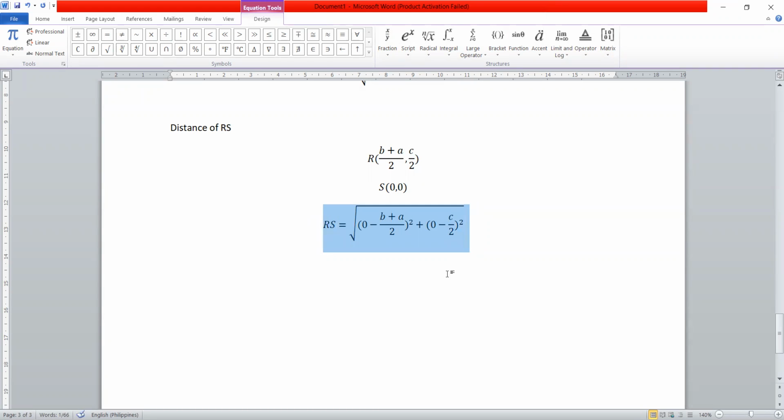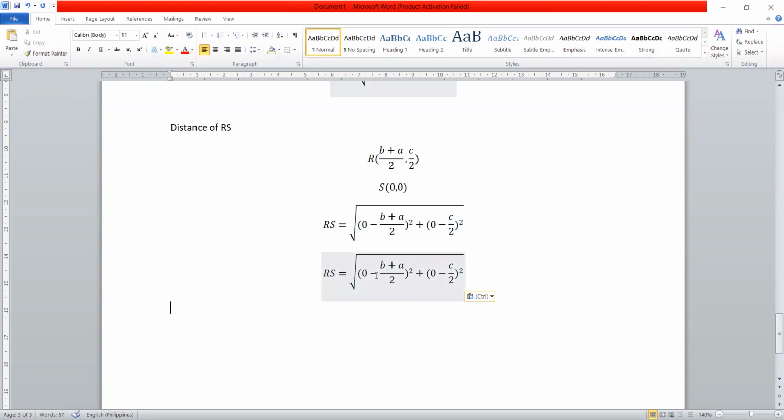So simplifying this further, you can just write 0 as 0. And again, you have their negative sign, so change the signs that follow. You have here negative, negative, and negative.